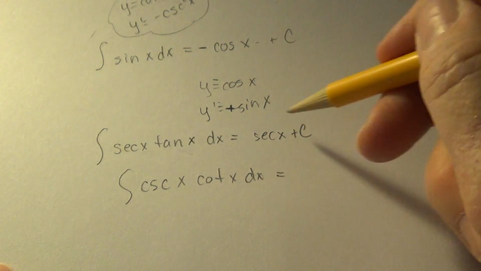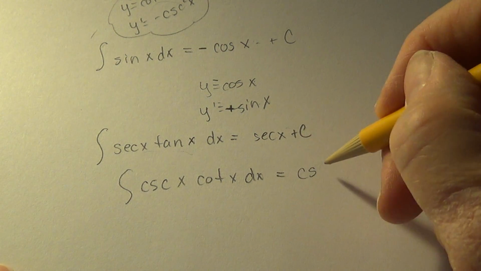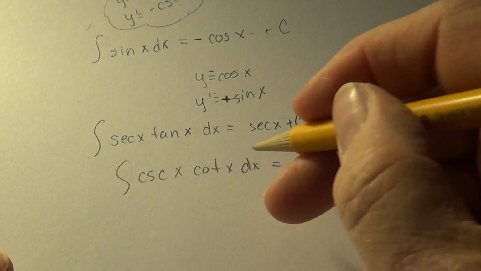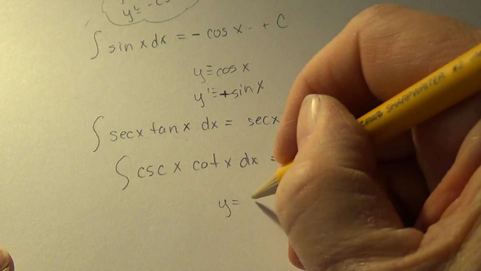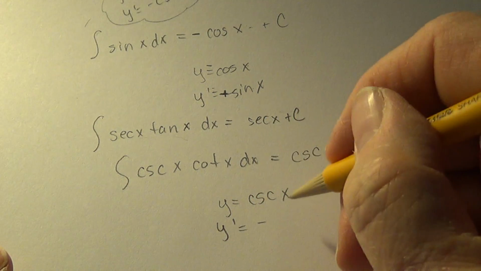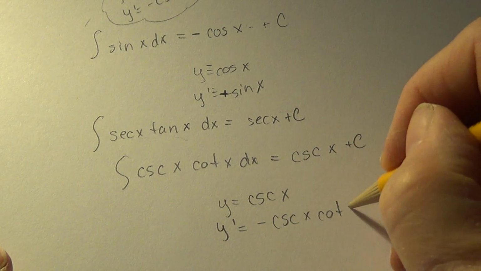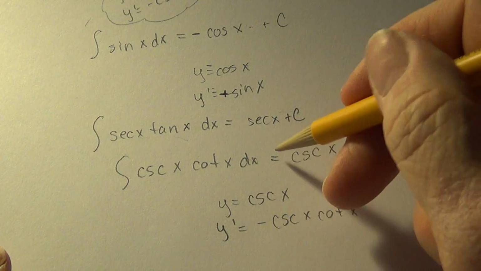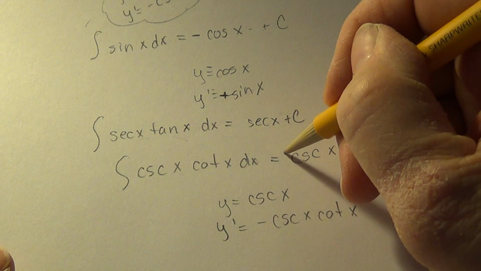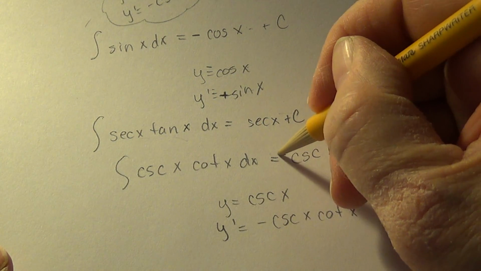Well, coming off of that one, you probably see that it's going to be related to cosecant. But that's not exactly right, because if y equals cosecant x, y prime, you'll recall, is negative cosecant x cotangent x. So we don't have the negative, so we need to put it in. There's no negative in this problem, so we need to put it in here.